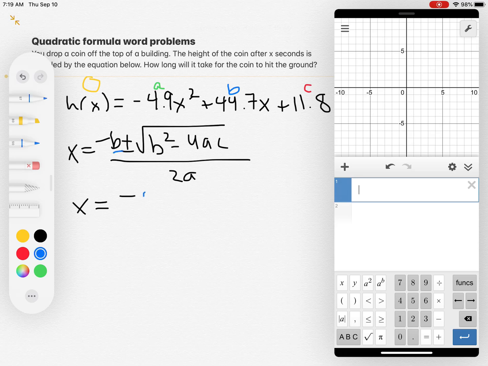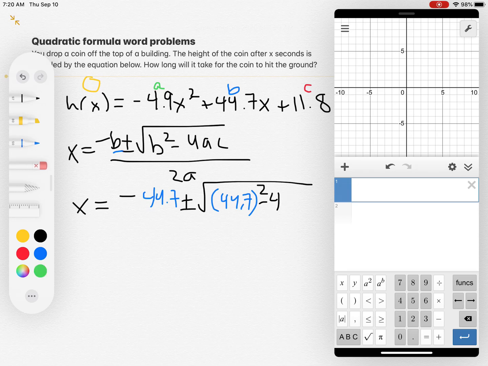Negative b is 44.7 plus or minus b is still 44.7 squared minus 4 times negative 4.9 for a times 11.8.